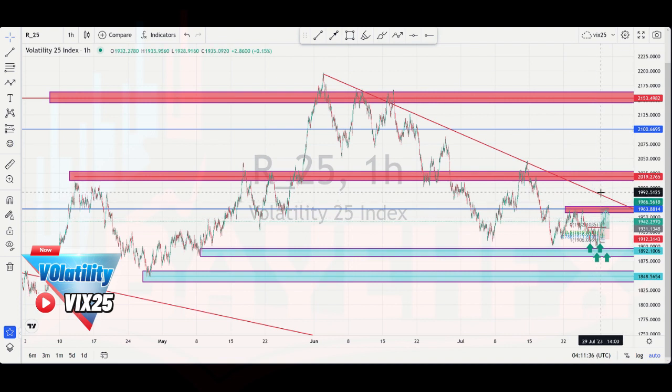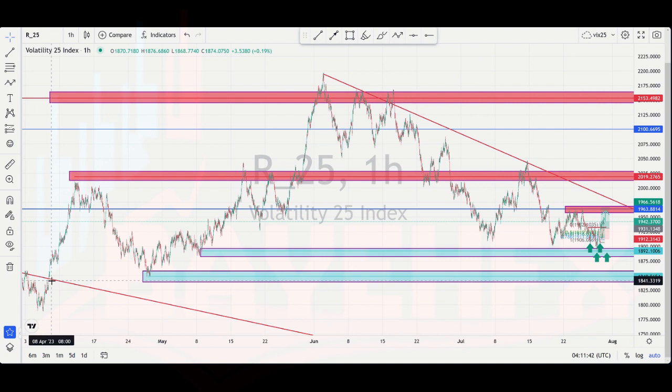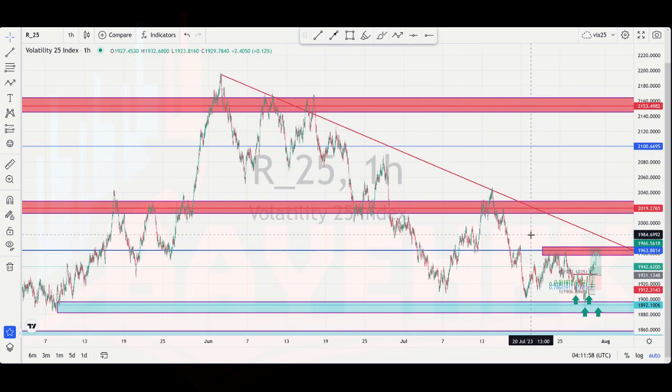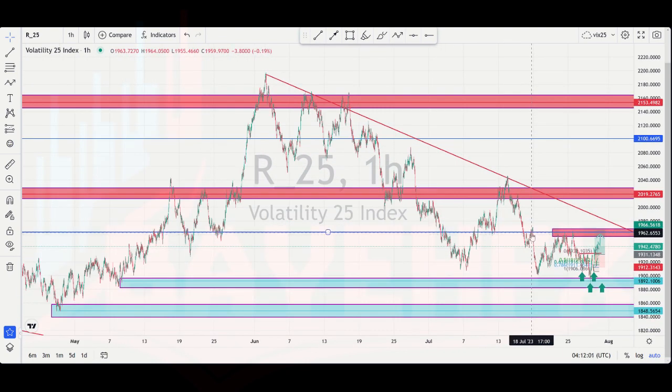Remember, on the highest time frame, this was a bearish channel, then a breakout, and then a retest, right? Then we got a bullish push, and this is now the correctional phase. And you know what, a bullish push in a falling channel means bullish momentum is being formed, right?